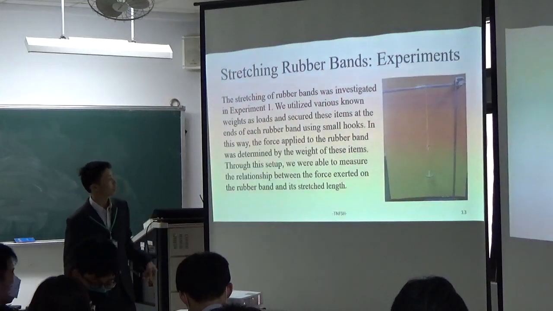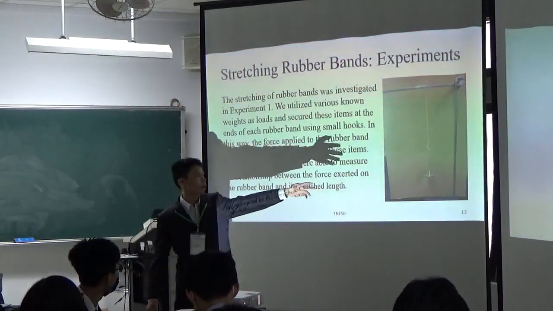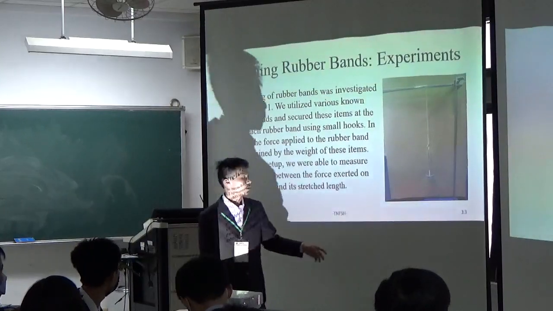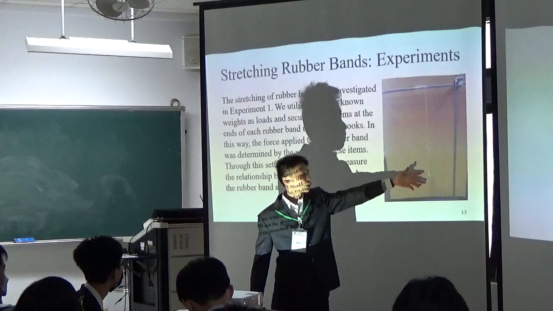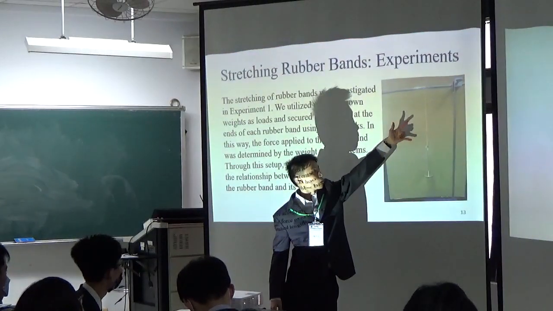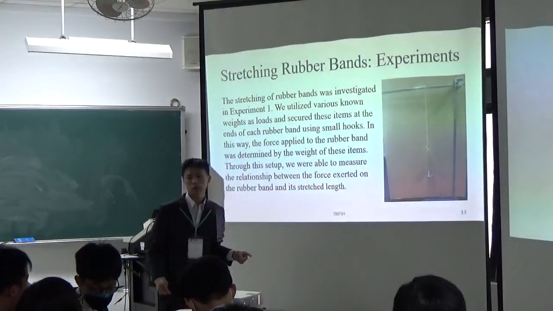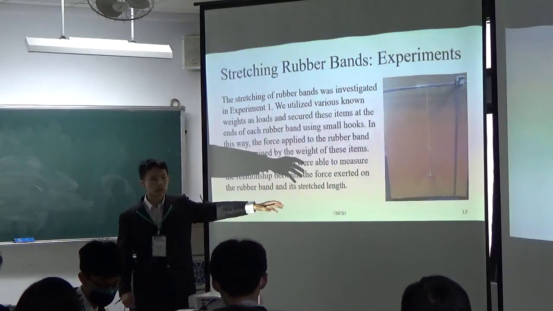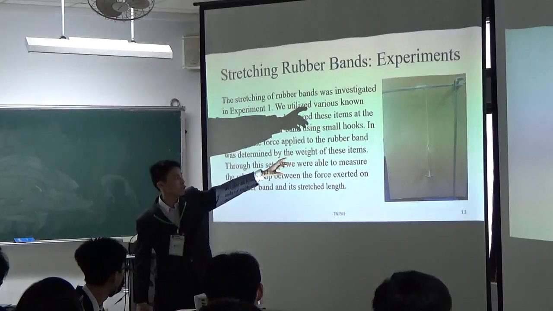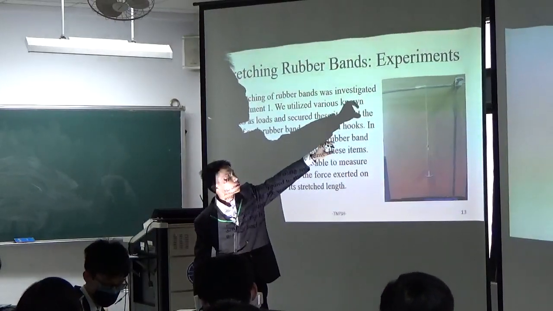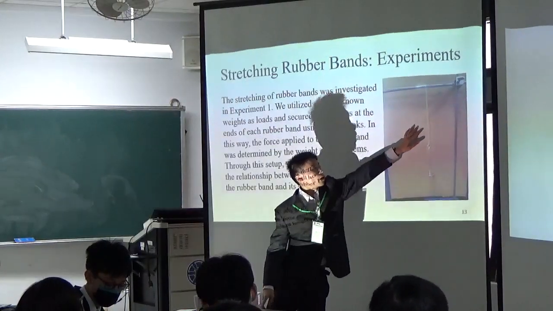Here's a schematic diagram of our device. We have a rubber band, and we hang some heavy things under it, and we want to measure the relation between the weight or the force and the delta x of our rubber band.